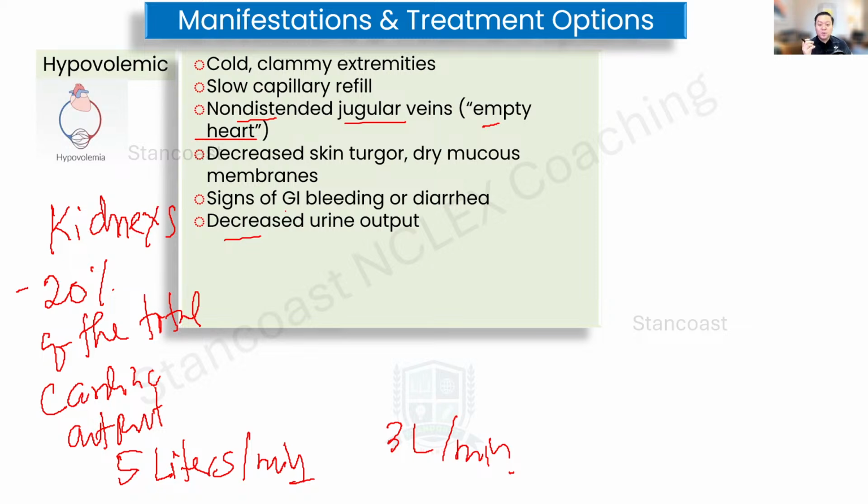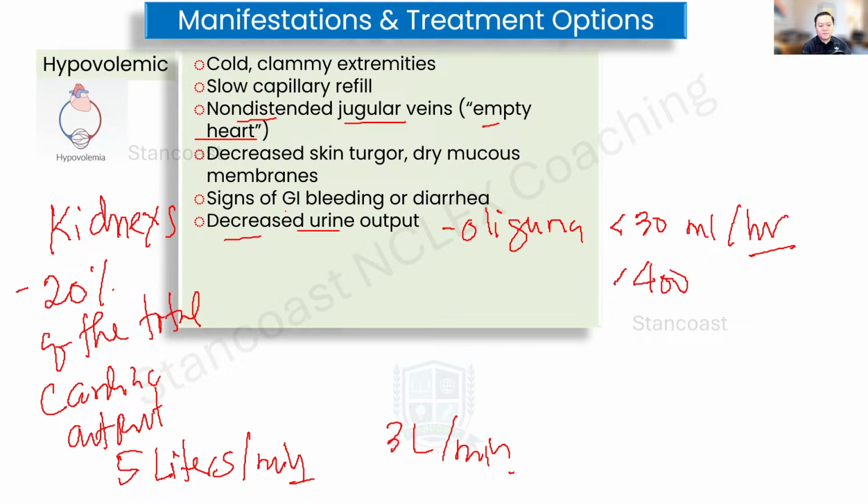So this can impair the kidney function, and the patient will manifest oliguria. Remember about this? The patient will end up with oliguria less than 30 mLs per hour. Or let's say in a day, it's less than 400 mLs in 24 hours.